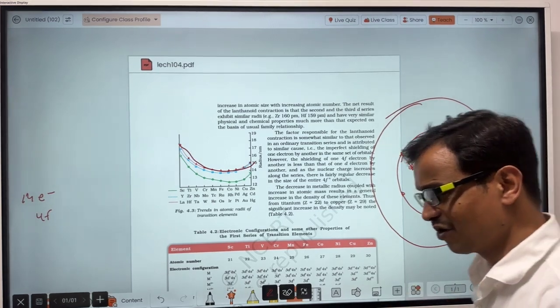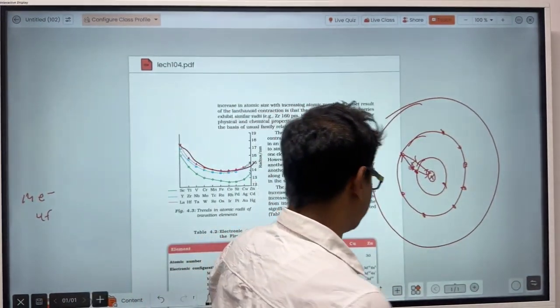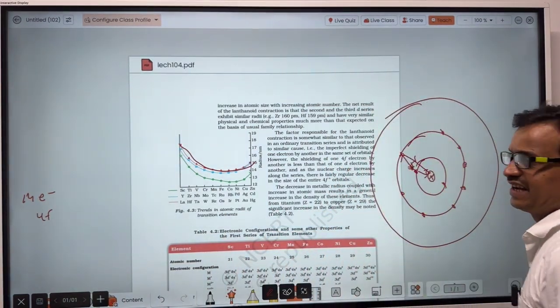This repulsion is called the screening effect.